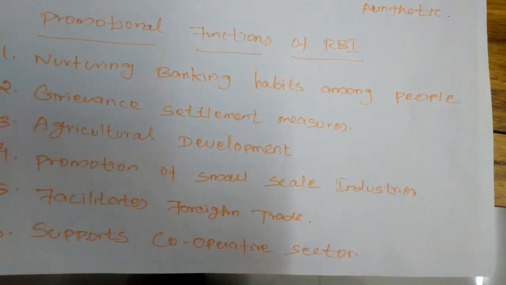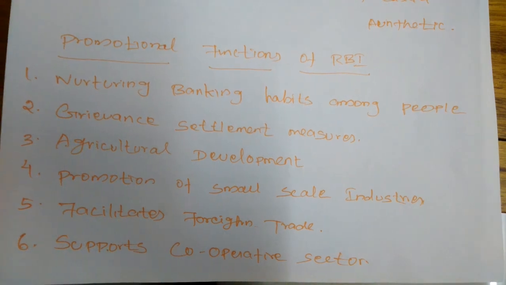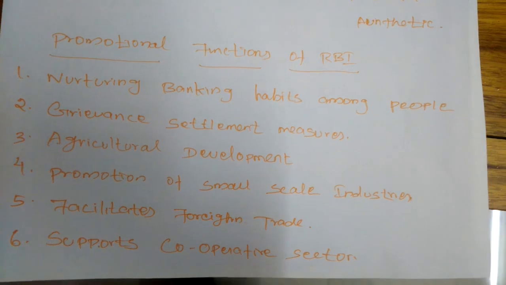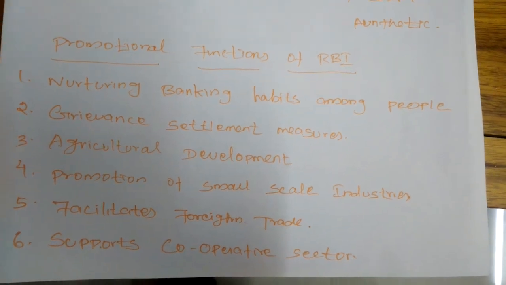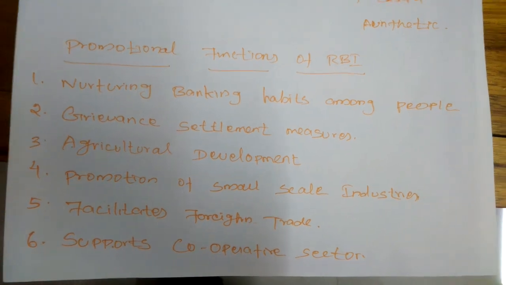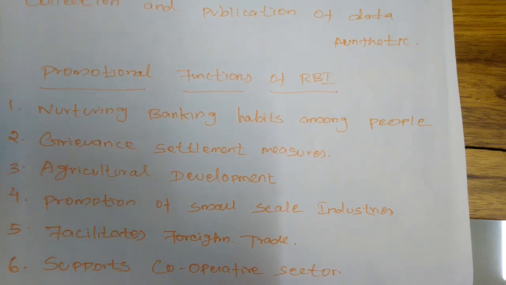Next, promotion of small scale industries. Micro, small and medium scale enterprises are included in the priority sector because many of the cottage industries and small scale industries are related to agro-based industries.